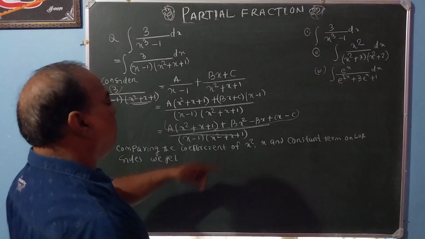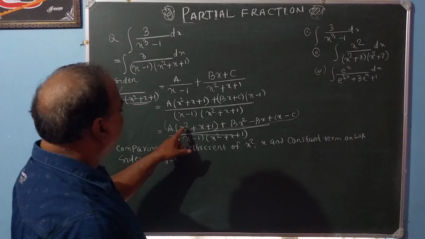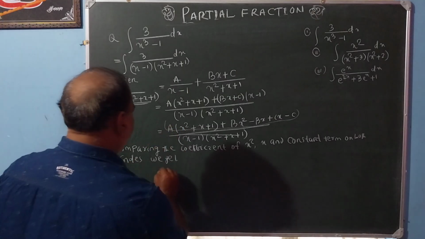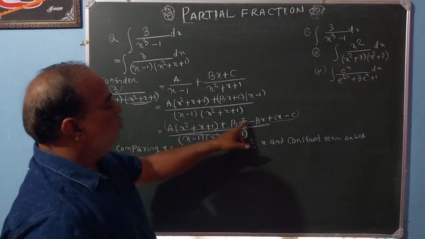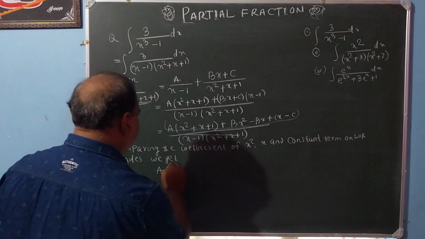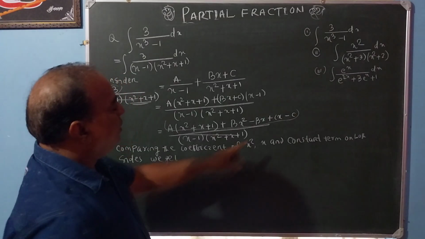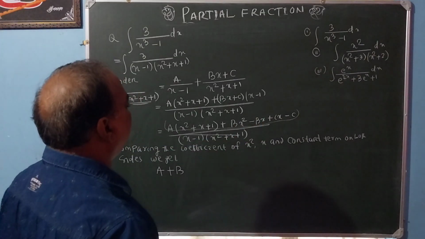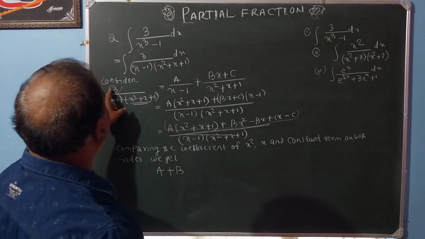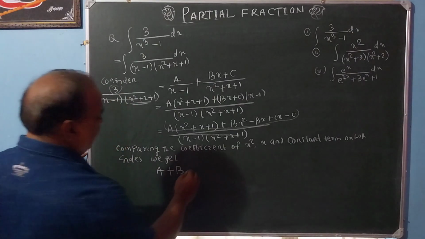First of all we compare the coefficient of x square. The coefficient of x square is a, here the coefficient of x square is b, and on the other side there is no term containing x square, so that will be 0.